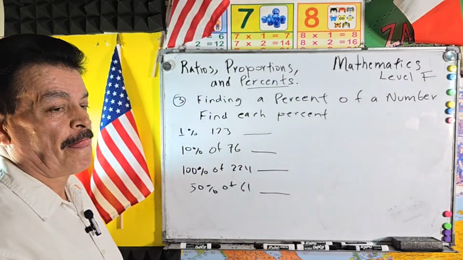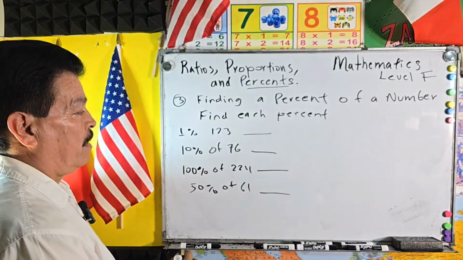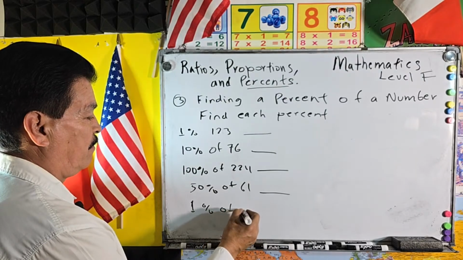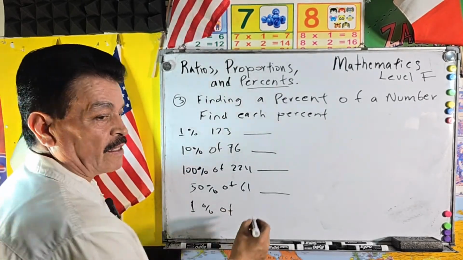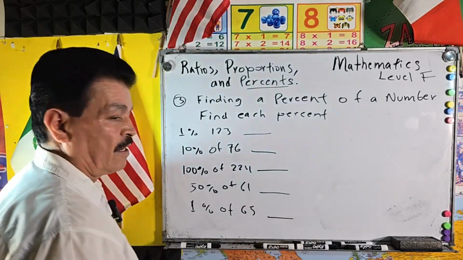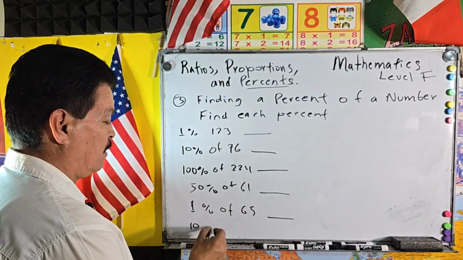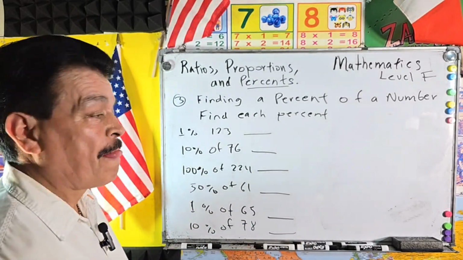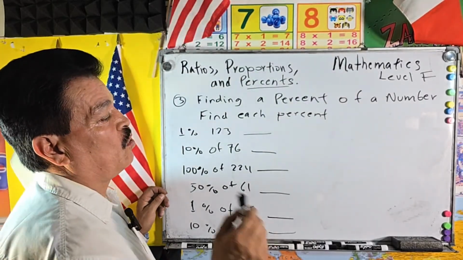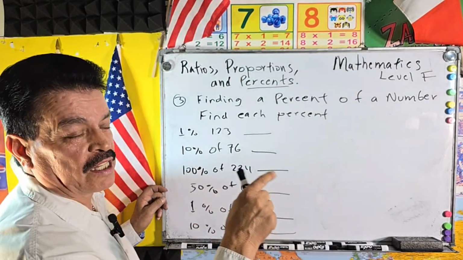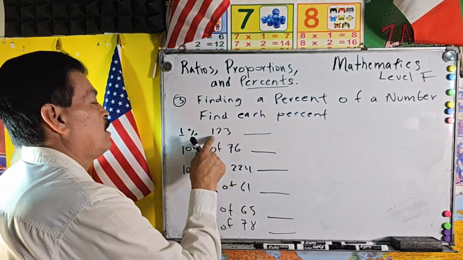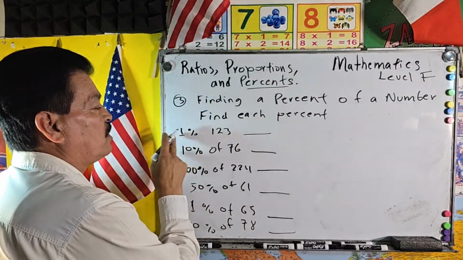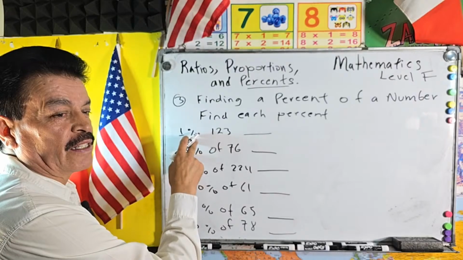And then 1% of, let's write 65. And then 10%. So you must do the operation that I showed you before. So multiply 120 by 0.01. The answer here is very simple.